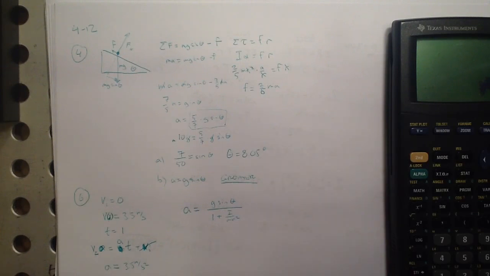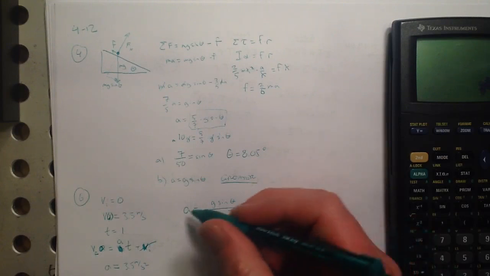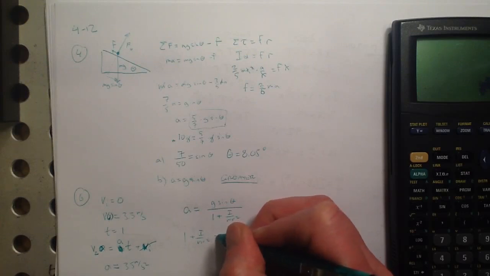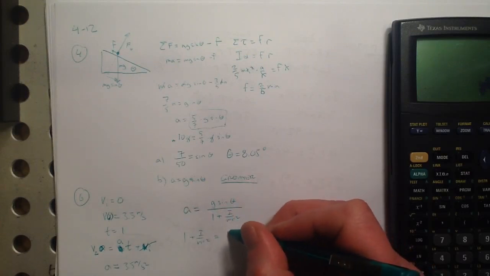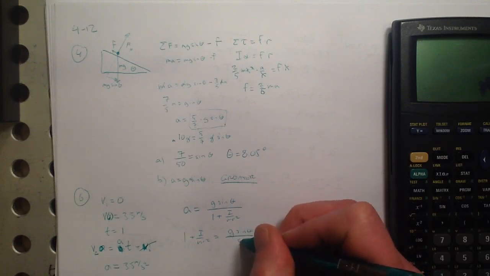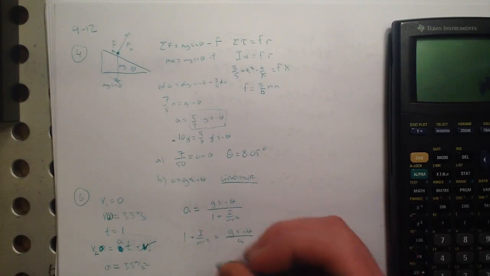So I'm going to do some algebra and solve this equation for I before I plug things in. So that would give me 1 plus I over mr squared is equal to g sine theta over a, subtract 1, and then multiply by mr squared.